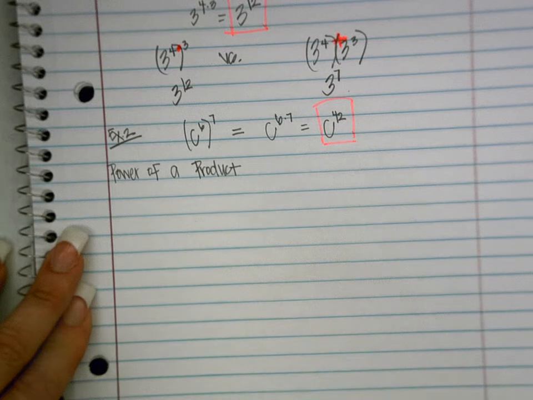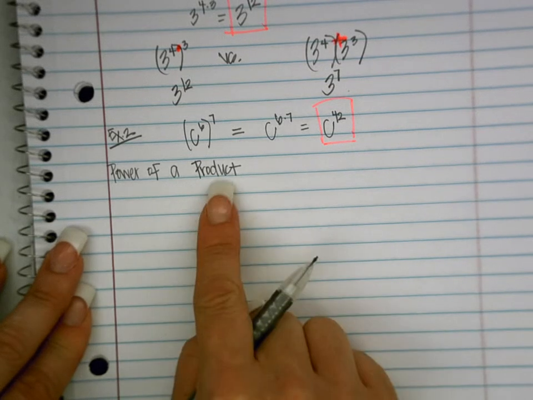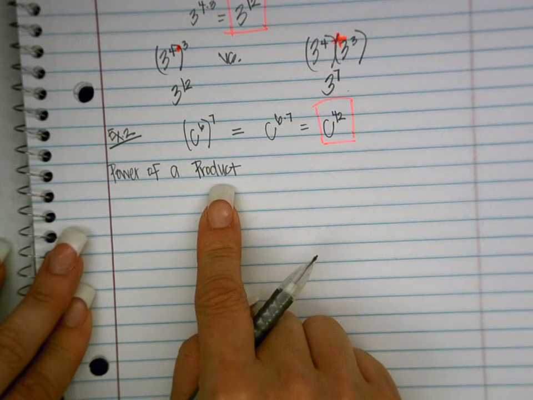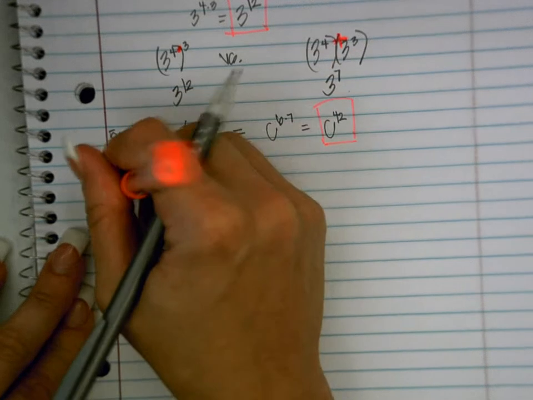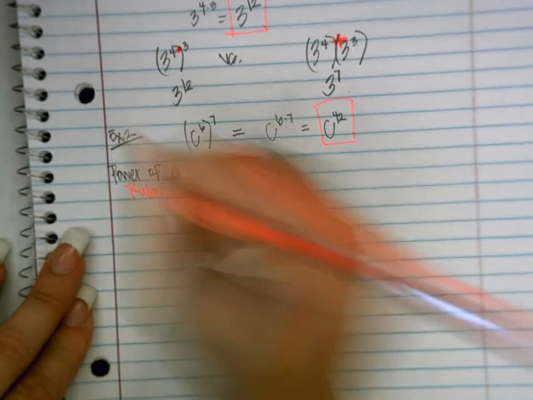Okay, so power of a product. So first off, what does product mean? Multiplication. So we're gonna find a power of something that's multiplied, which kind of sounds a little funny. So I'm gonna first give you a rule. Okay, and this is basically the way you're gonna do this.